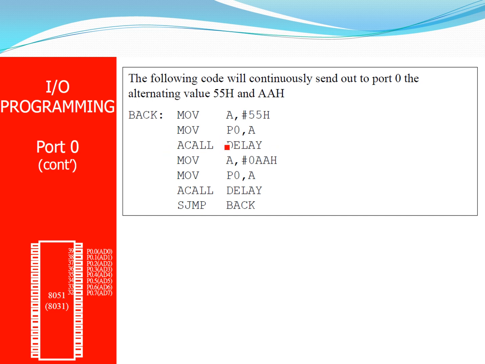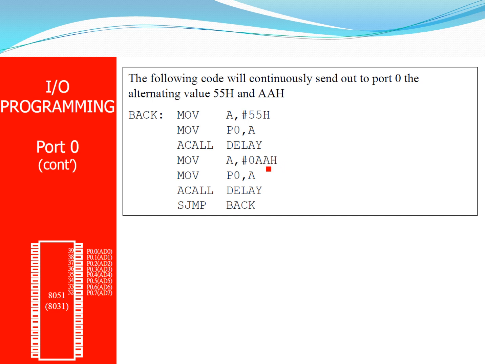Then ACALL DELAY calls the subroutine, and next MOV A, #0AAH. Once the delay subroutine has executed, it will come back to this instruction and MOV A, #0AAH will execute.